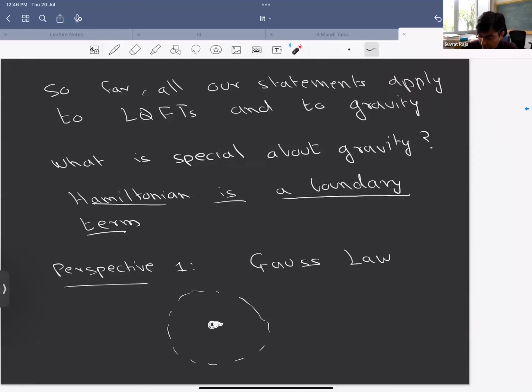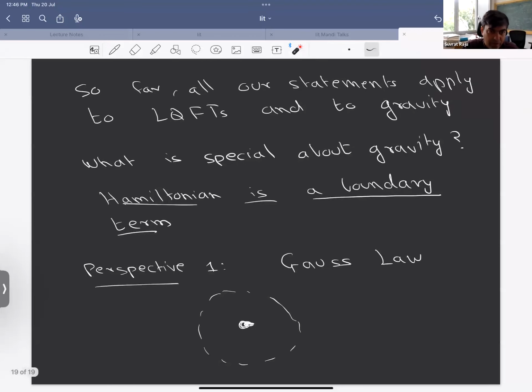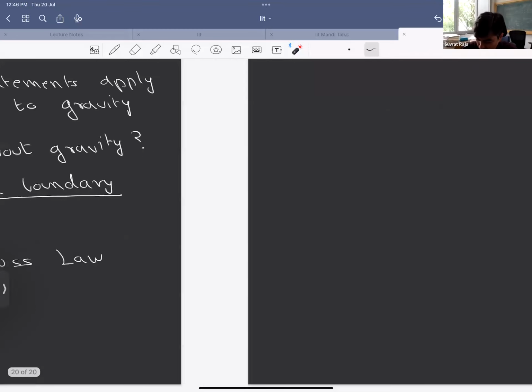In fact, in general relativity, the only good definition of energy comes from looking at the energy at infinity. It comes from the ADM Hamiltonian, which is defined at infinity. So in fact, in GR, the good definition of energy is at infinity.